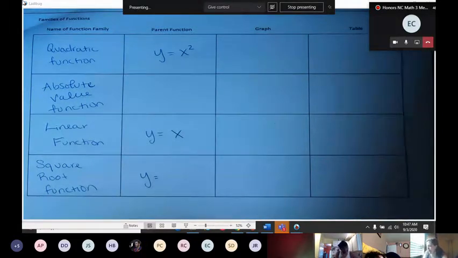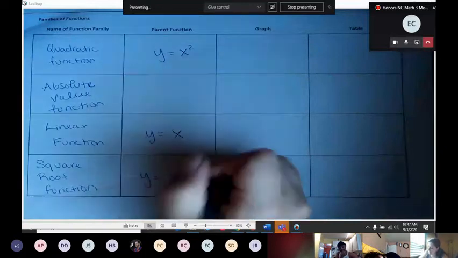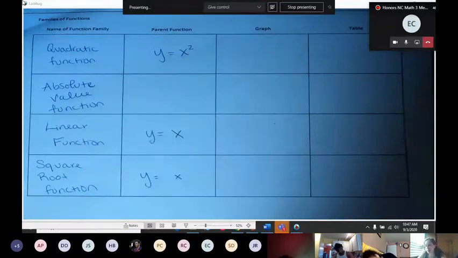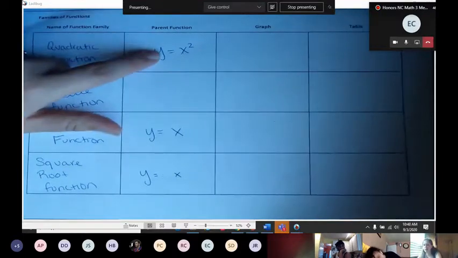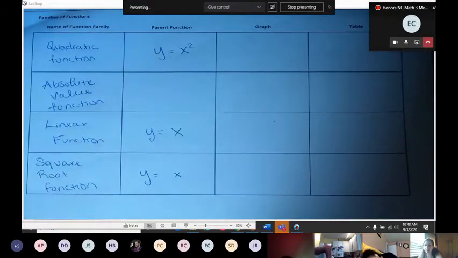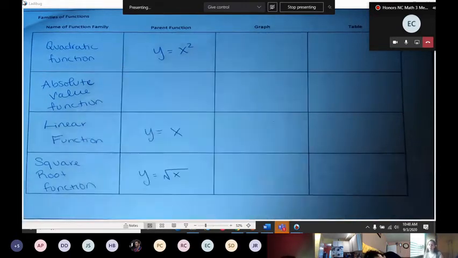What will go over our x to make it a square root function? A 2. Not a 2. That would be like this quadratic function. We want the inverse of that. How do I get rid of a square? You square root it. Yeah, so we're just going to put a square root over the x. Good job, Brandy. Thank you.